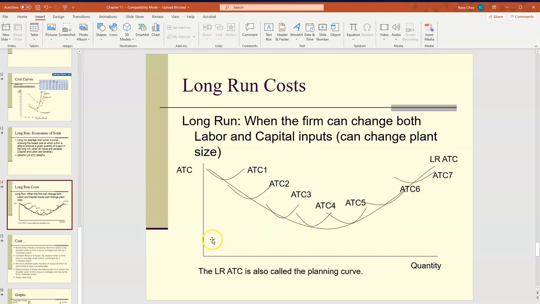Now, how long does this take? In other words, how long do economies of scale last, and then eventually you experience the diseconomies of scale? Well, that depends. Some companies could take 80 years to get to efficiency here, and then 20 to 30 years to go on the negative side of the curve.